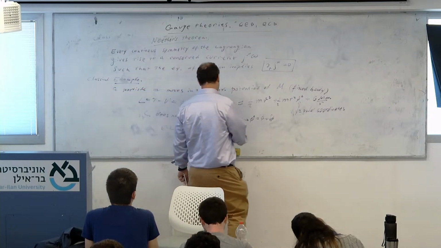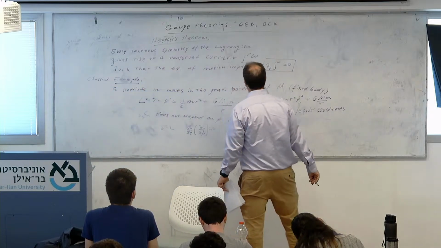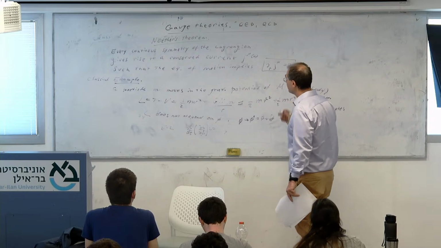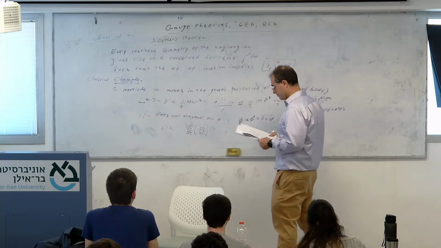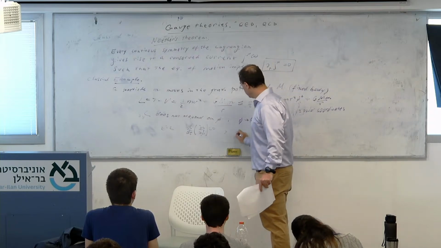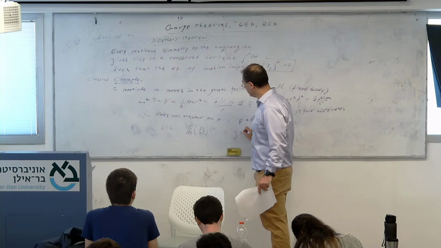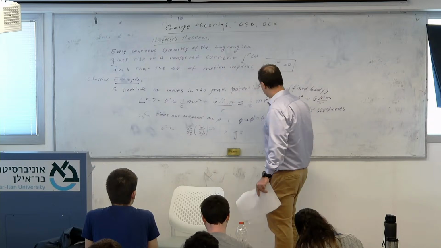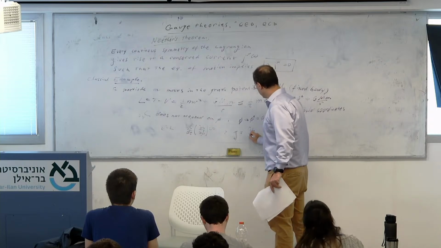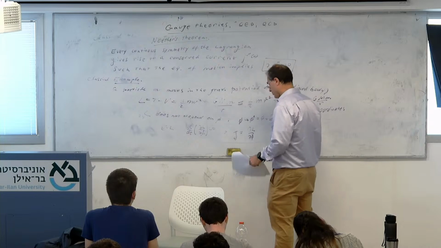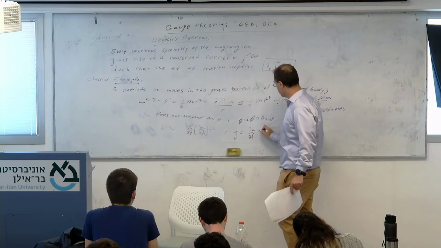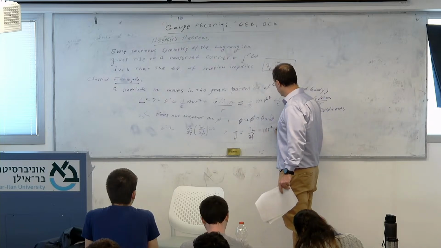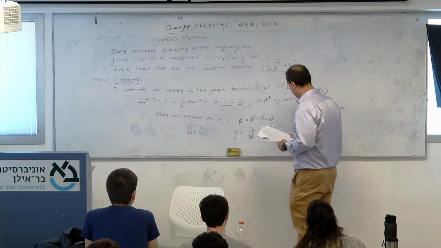That means what? What is the conserved current? J from here. J is dL over d phi dot, which is r squared phi dot.